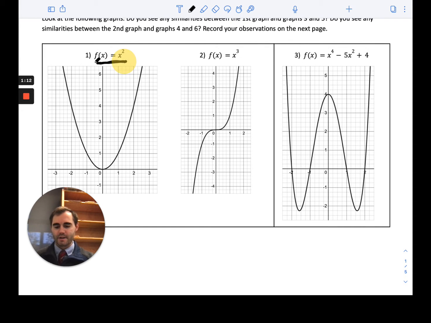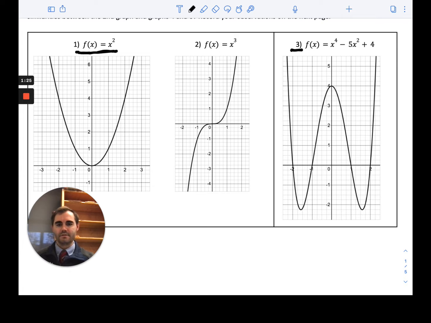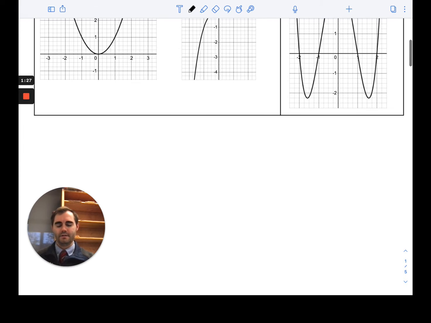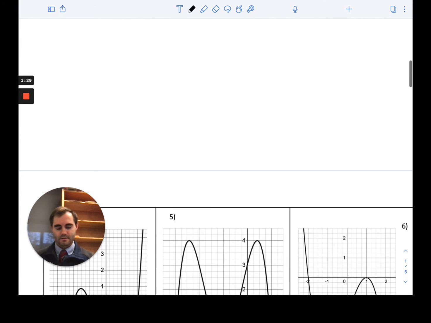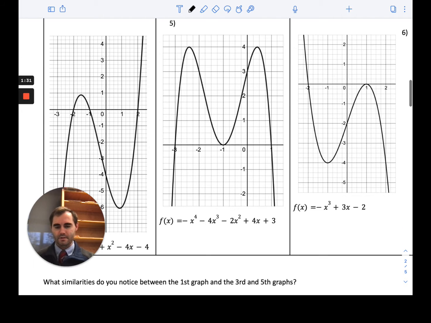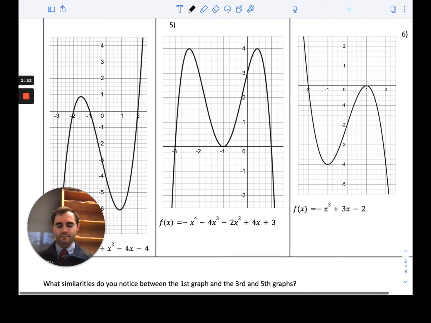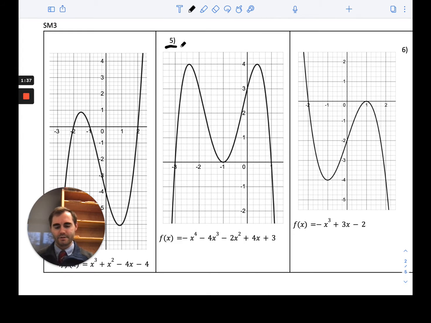This graph right here, where we have the x squared. I want you to compare it with graph number 3 here, and then also with graph, let me scroll down here. There we go. And then also graph number 5, this graph right here.